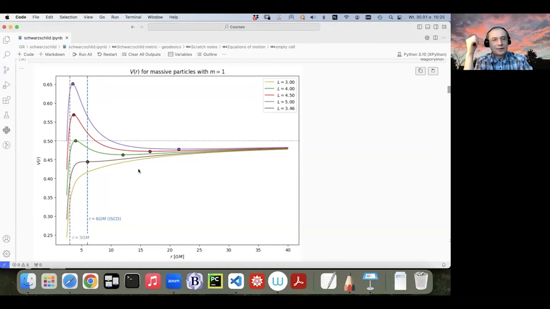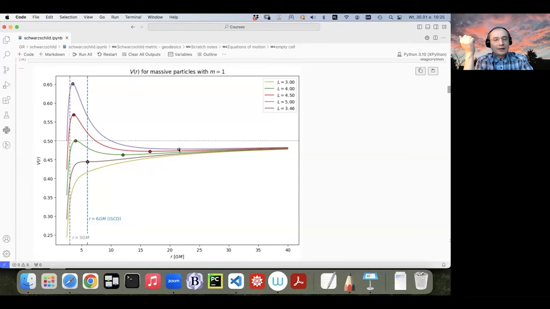Now there's something interesting happening. It turns out that these two branches of solution of radial motion, the unstable one and the stable one, appear exactly at one single moment at r equal to 6GM. We will prove this in a second.